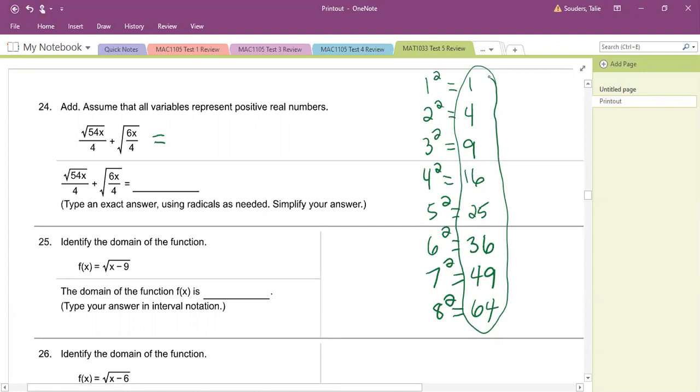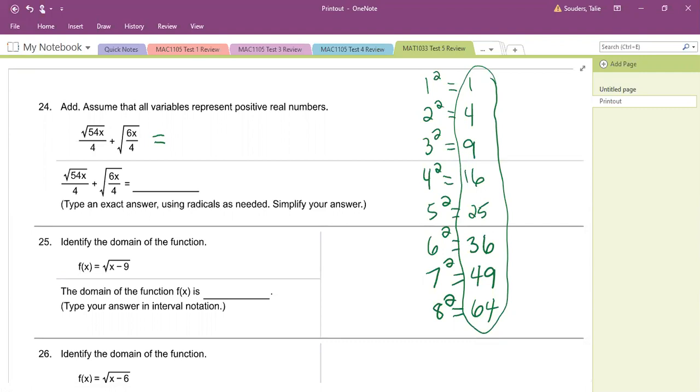You can use your calculator if you would like, that's fine. So you can do, well, 9 and 6. Exactly, very good.